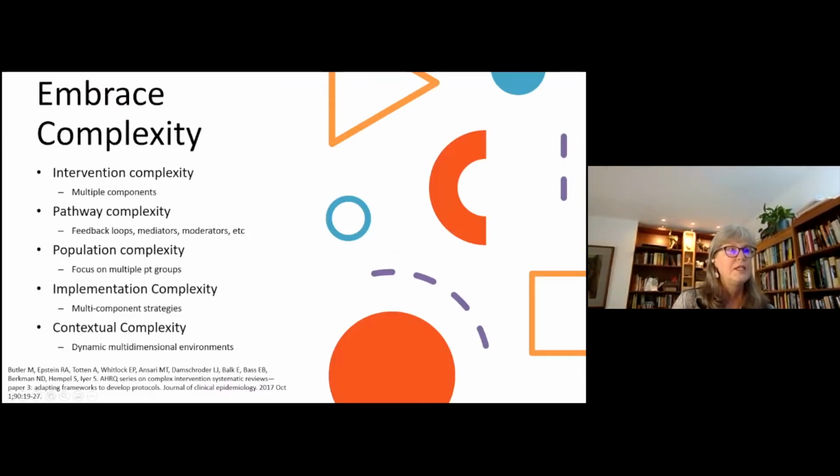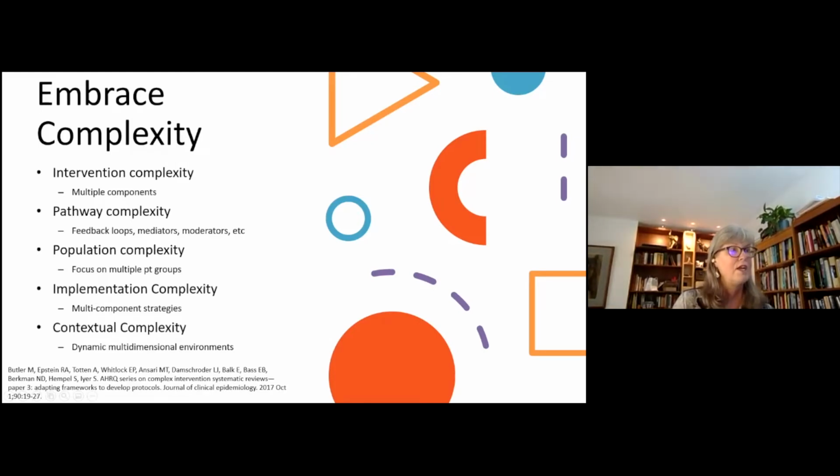Within implementation science, we embrace complexity. This means that we've got a lot of moving parts and a lot of variables, if you want to think of it in a quantitative sense. It is very challenging to navigate our way through all of these different dimensions of complexity.